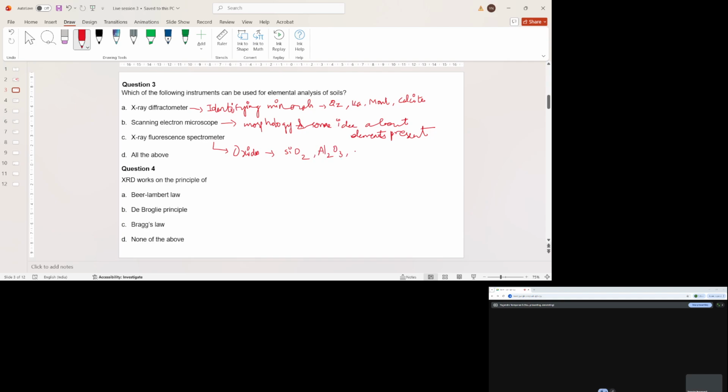If it contains iron content, Fe2O3, magnesium hydroxide, and so on. It tries to break down the minerals and gives you the result in terms of oxides. So the complete comprehensive elemental analysis and their arrangement can be studied as a whole by using all the three. So the right option will be all of the above.